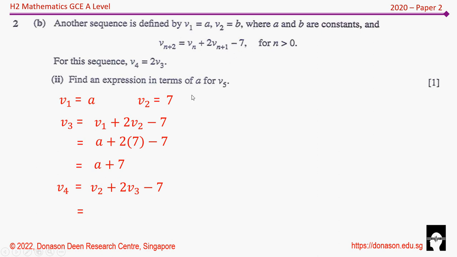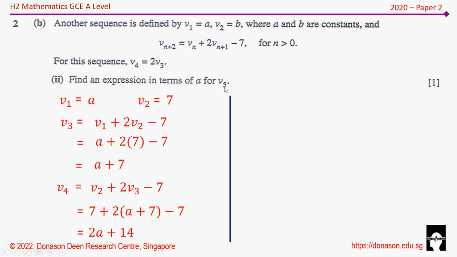So your v2 is simply 7 now, and for v3 we use a plus 7. So 7 plus twice of a plus 7 minus 7. Twice of a is 2a, and twice of 7 is 14. We could cancel the plus 7 and the minus 7, and that should finally work out to 2a plus 14, and that is v4.